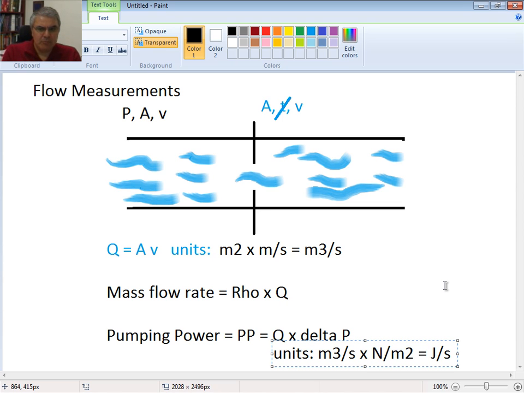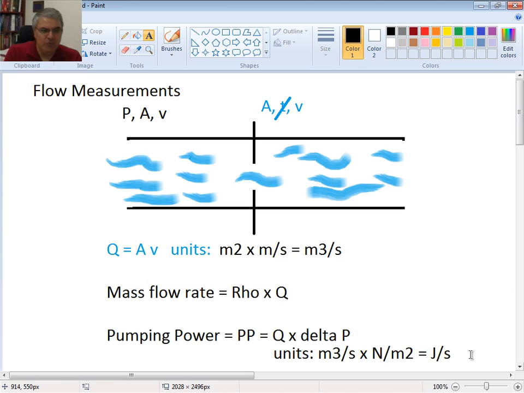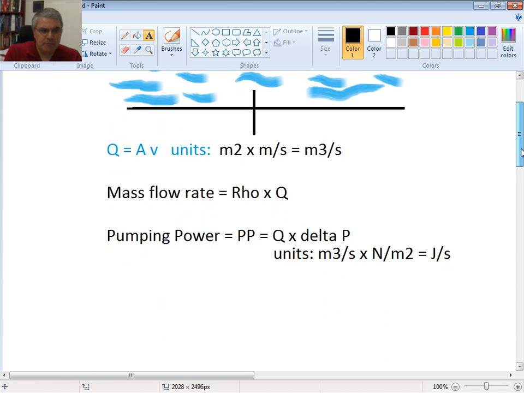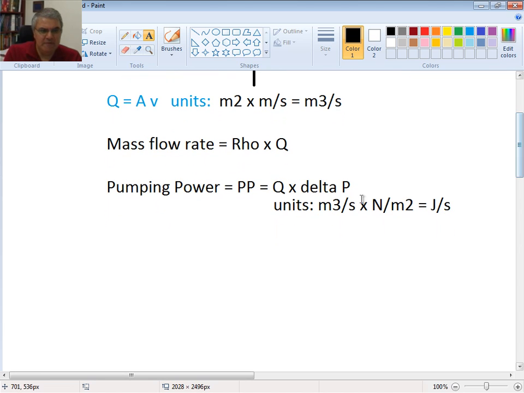Now, there is more to our discussion, and that is some of the devices that are used to actually calculate the flow itself.